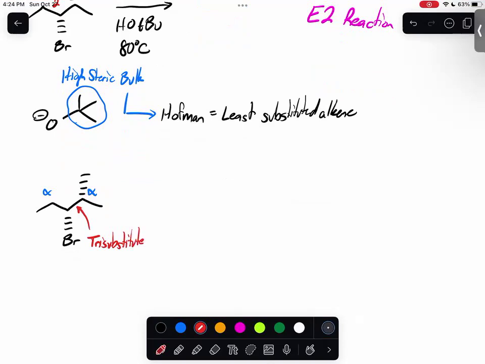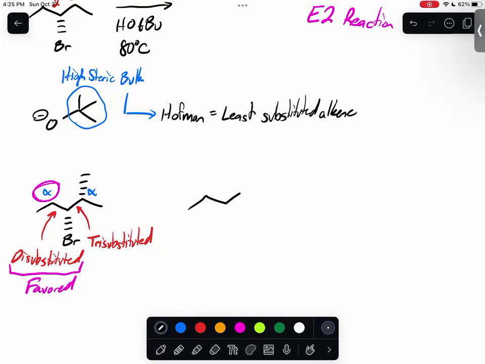Versus if we form one on the left-hand side, it would be di-substituted. So what this tells us is since we want a Hofmann product, the di-substituted one is going to be the favored one in this case. Okay? So we're going to be using this alpha position to actually do our chemistry.